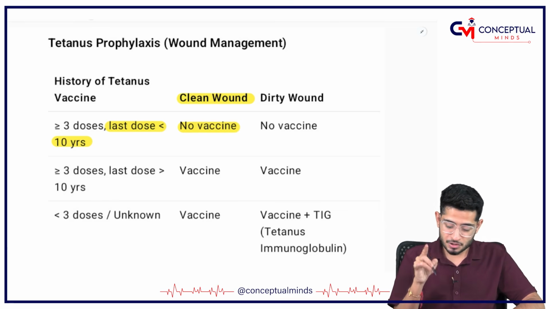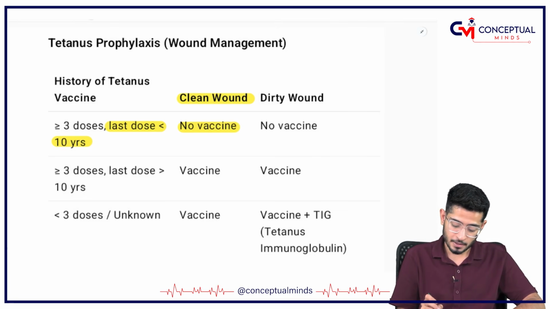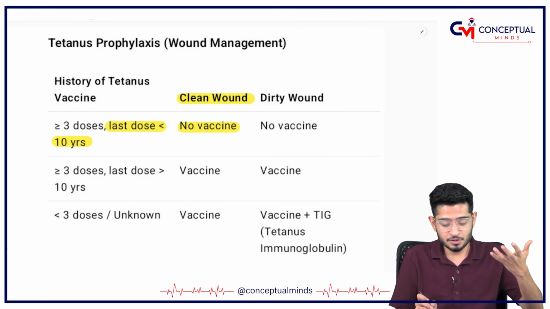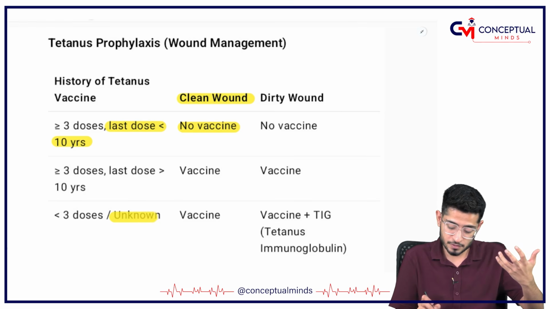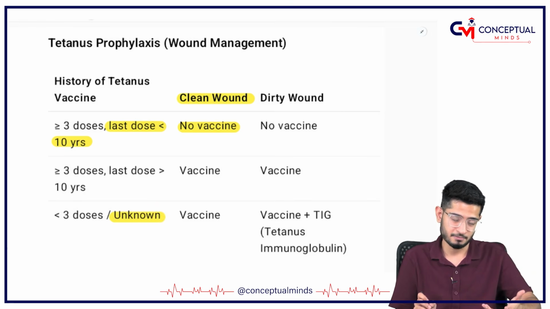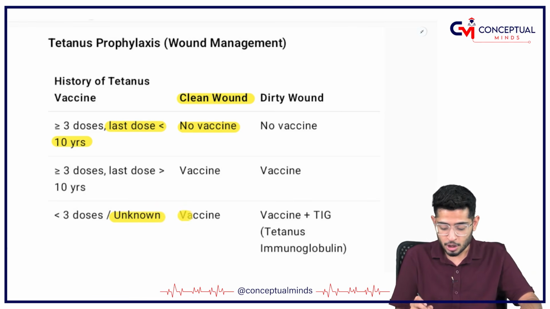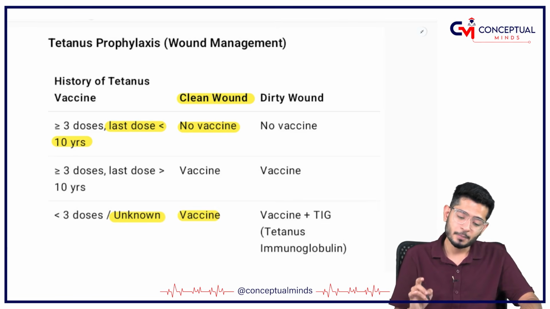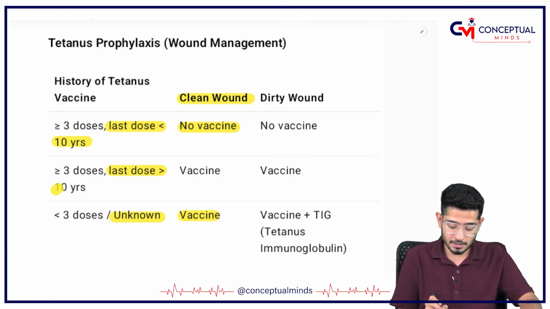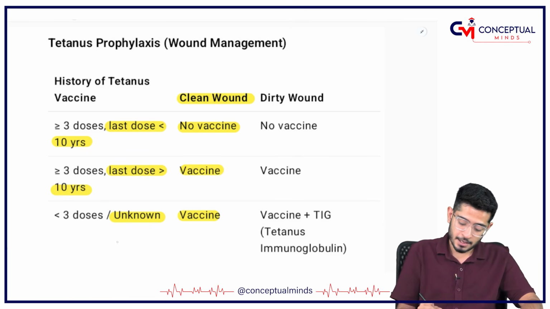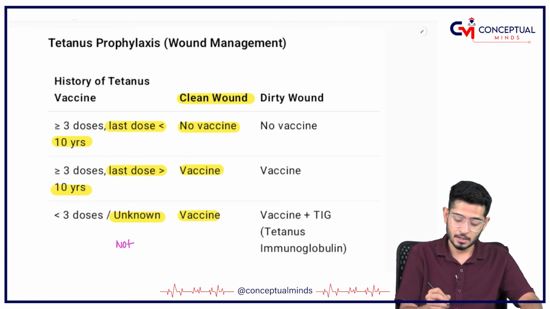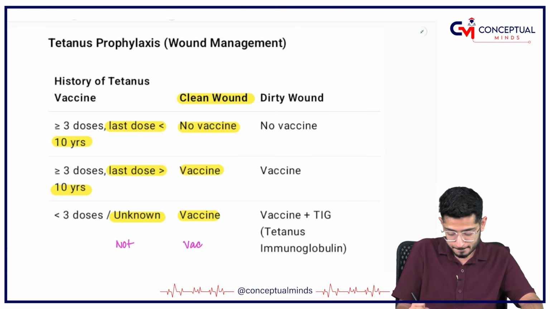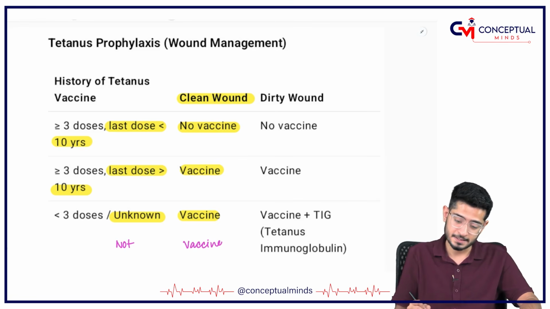If the patient has not received the vaccine, or the last dose is unknown, I mean he is not aware if he has got the vaccine or not, you have to give the vaccine. And if the last dose was more than 10 years old, you have to give the vaccine. Okay? And even if the patient has not received any vaccine, then also you have to give the vaccine if the wound is clean.